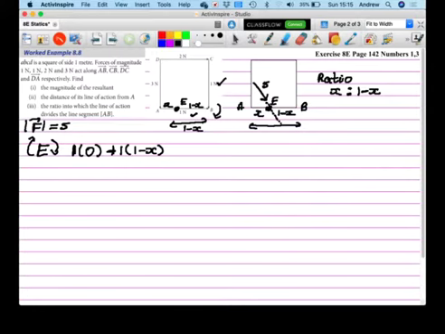Now we're going to work on the 2 Newton force. And there's the line of action of the 2 Newton force. So what's its perpendicular distance? Well, its perpendicular distance from E is this distance down here. And again, if you read the question, what's the length of a side? It's 1 metre.